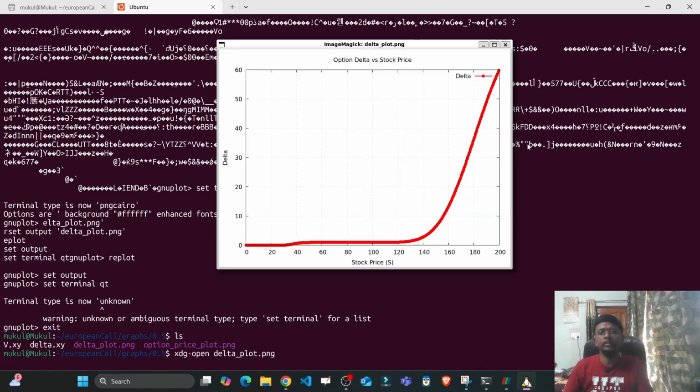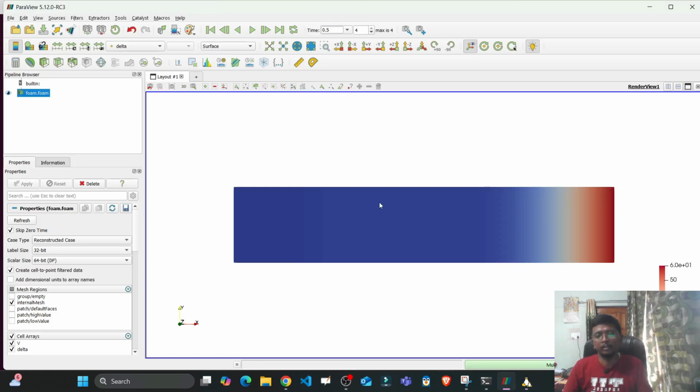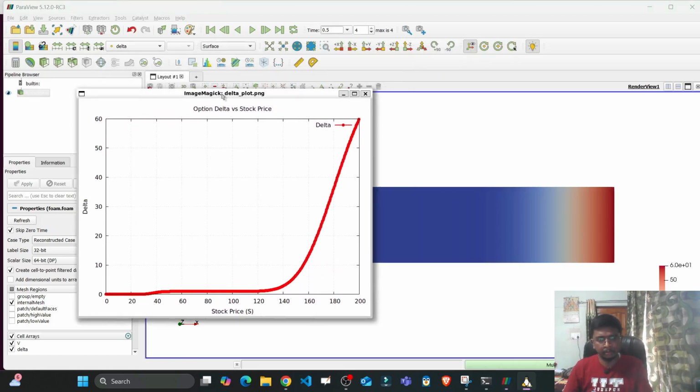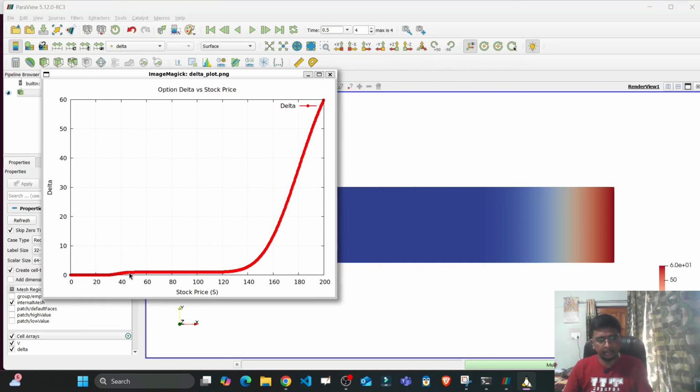Yes, here you are getting 60. So you can see that delta, as the stock price is increasing, around 120 it has started increasing, and then it has reached the value of 60. So here you can see from the graph also the highest value is 60.